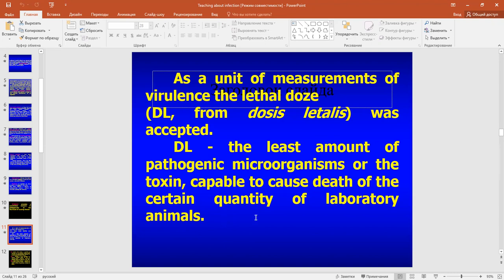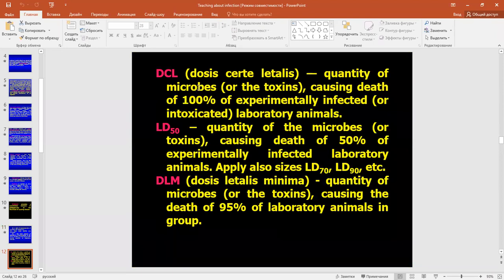So we should use many groups of laboratory animals, and we should prepare different doses, like the amount of microbes per 1 cubic centimeter, for example. Then different doses should be injected into different groups of animals, and we will see the least amount of microbes that is able to cause death of a certain quantity of laboratory animals. And there are different doses.